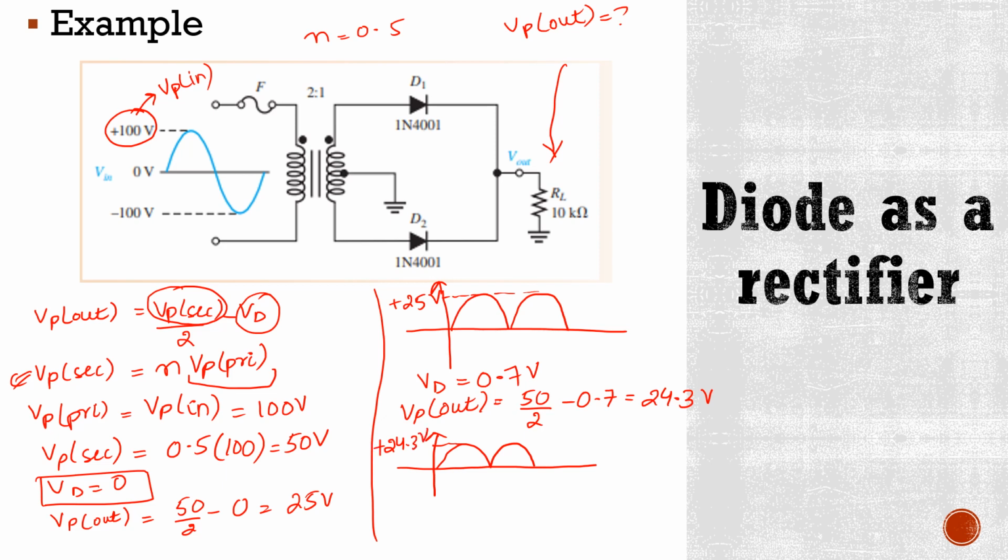Okay, and in case of a germanium diode this is 0.3, and after putting this value here we'll get 24.7 volts. So here the magnitude of this waveform will be 24.7 volts positive. Okay, so this is your answer.